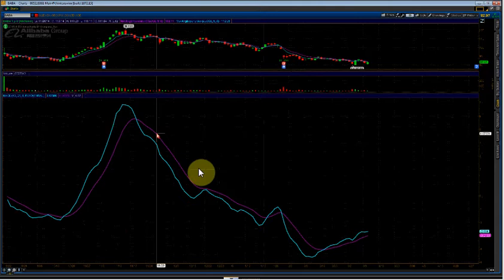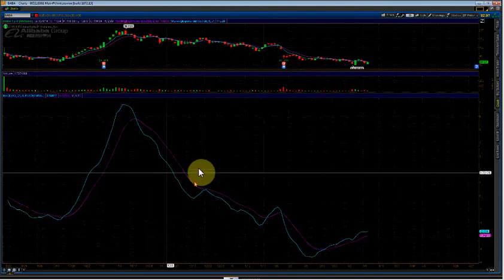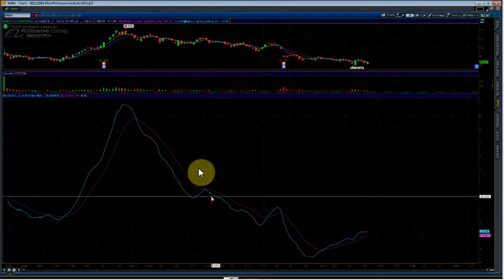What exponential moving average is my blue one? It's a 14.